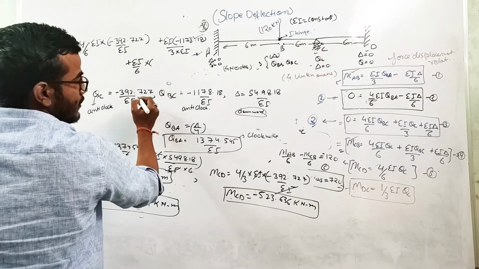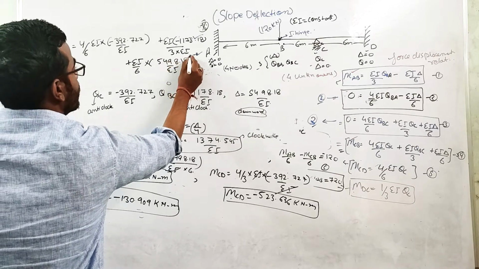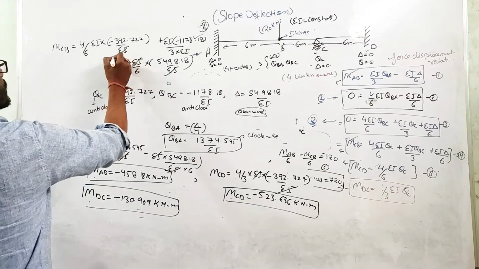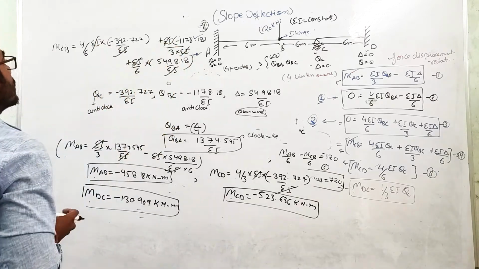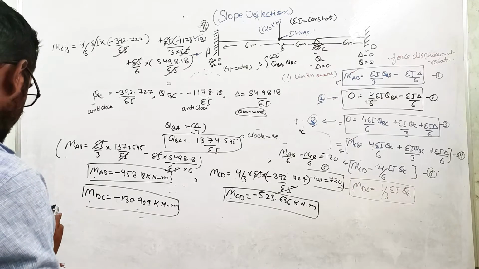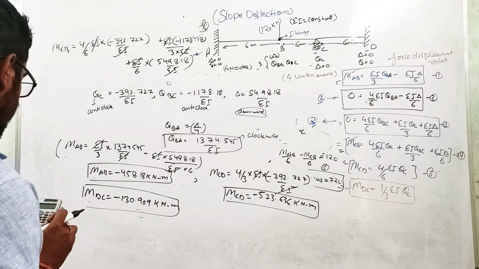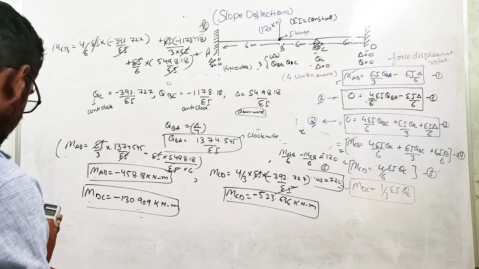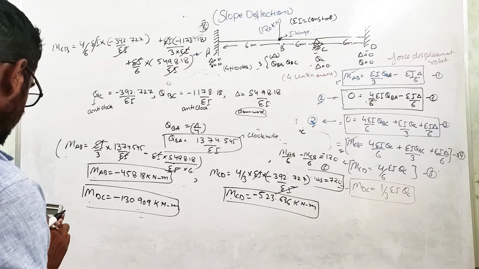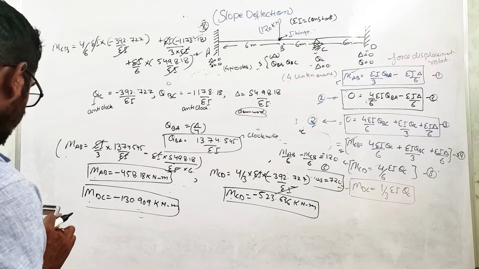Delta value is 5498.18 over EI. So EI will cancel out each other. So I can write 4 divided by 3 into minus 392.727 minus 1178.18 divided by 3 plus 5498.18 divided by 6.